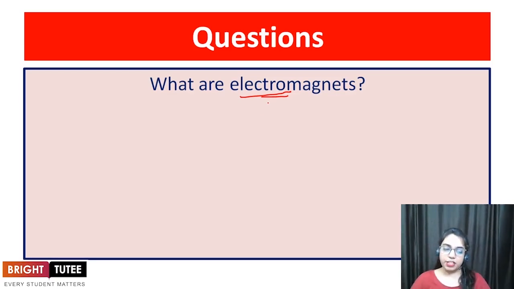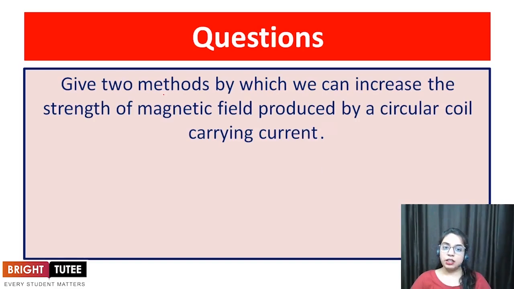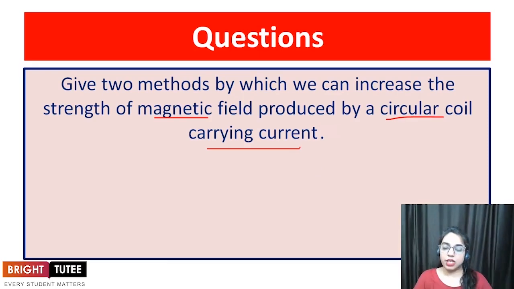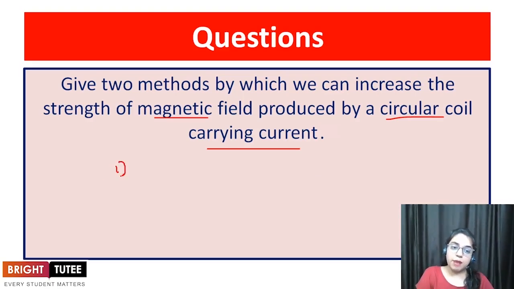Okay. So let's move to the next question, which is, give two methods by which we can increase the strength of a magnetic field produced by a circular coil carrying current. So children, you have to suggest a few ways in which you can increase the magnetic strength of the coil that is carrying the current. The first way is by increasing the amount of current passing through it.